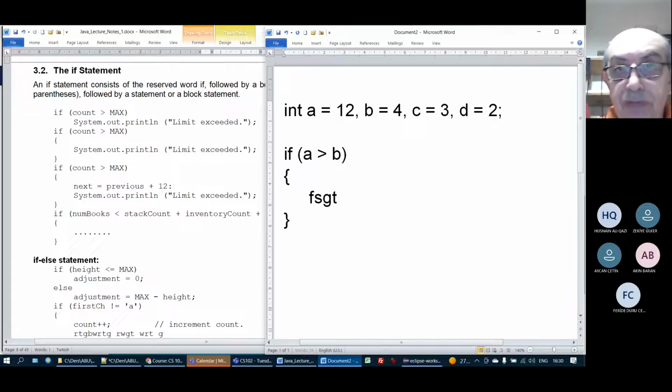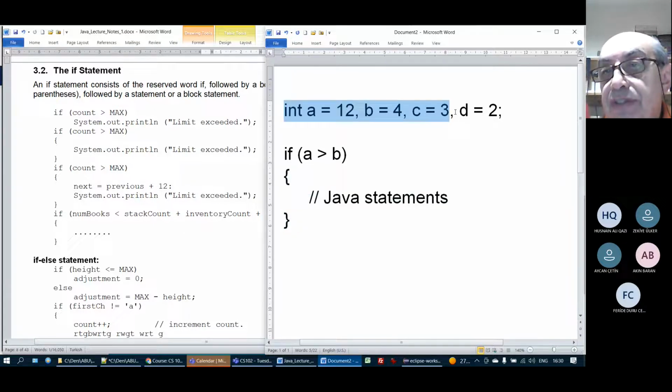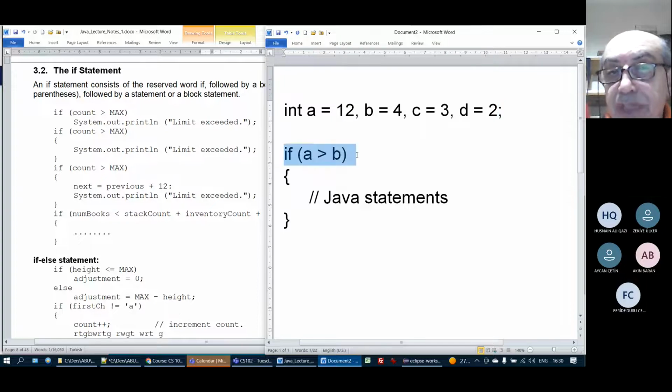And here we can have whatever, a Java statement. Java statements can be put between curly braces. When we have a statement in Java, we finish with a semicolon. But if we have an if statement, we should not put a semicolon. If I put a semicolon, it is useless, okay?